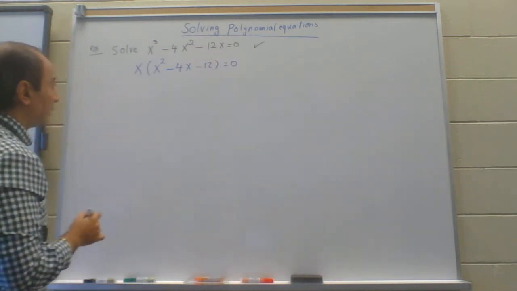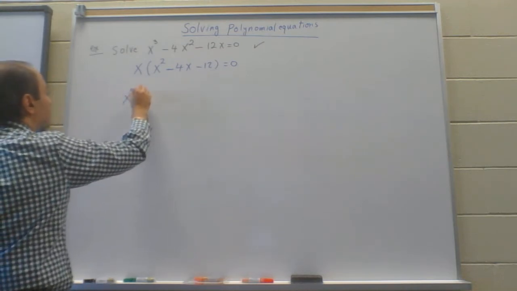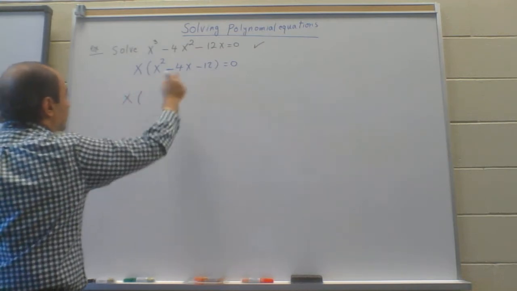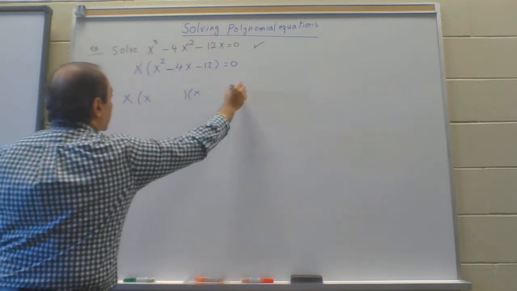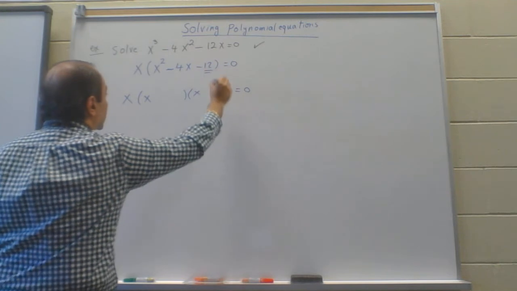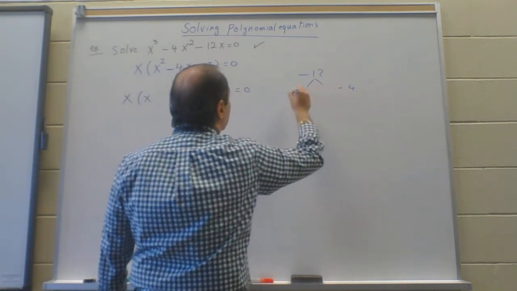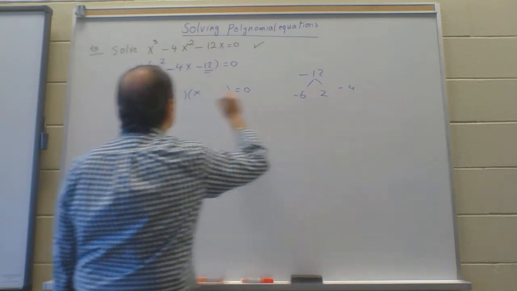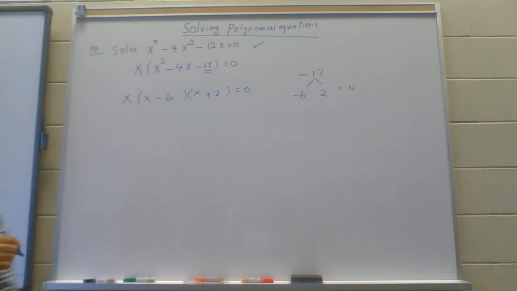I still need to factor more because I have a quadratic here. Again, this is not a perfect square. A is 1, so x and x. We need to think of two numbers that multiply to negative 12 and at the same time add to negative 4, so negative 6 and 2. We are done with the factoring.